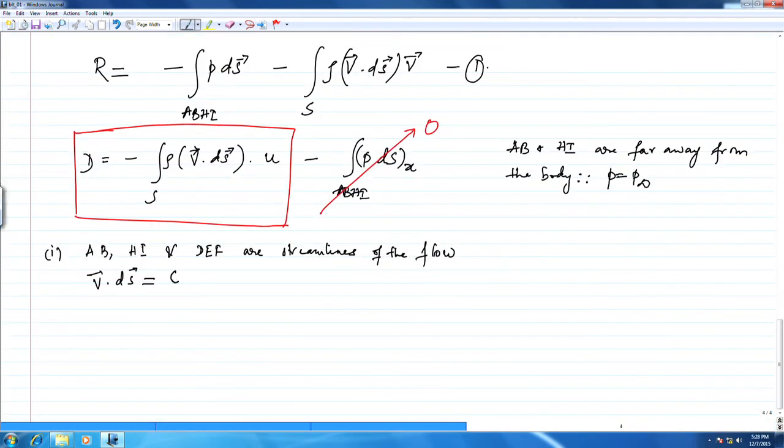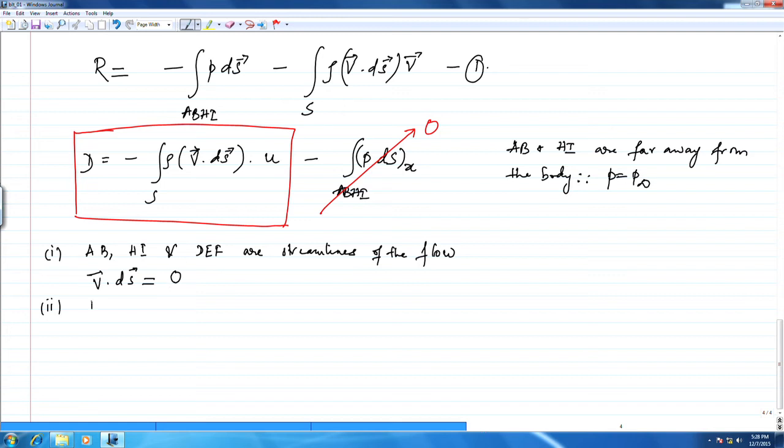We get basically 0, because ds is perpendicular to them. So this is V ds cos 90, which is 0. So from this integral, V dot ds is 0 for AB, HI and DEF.